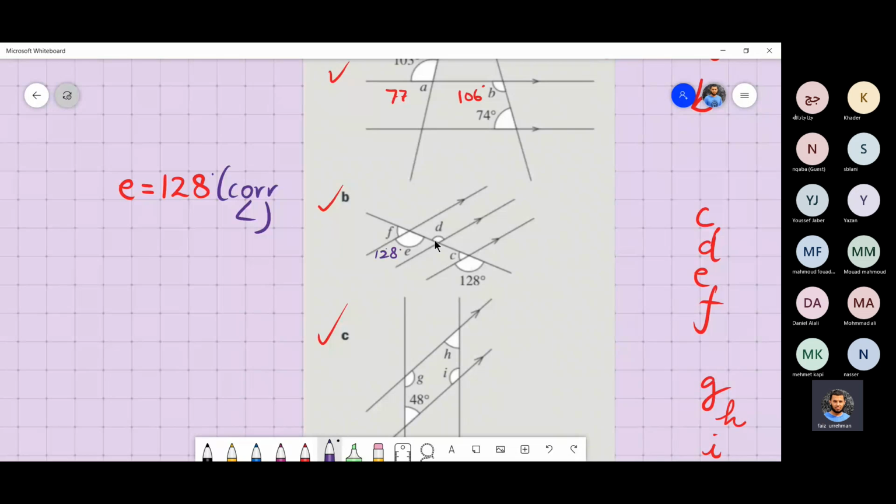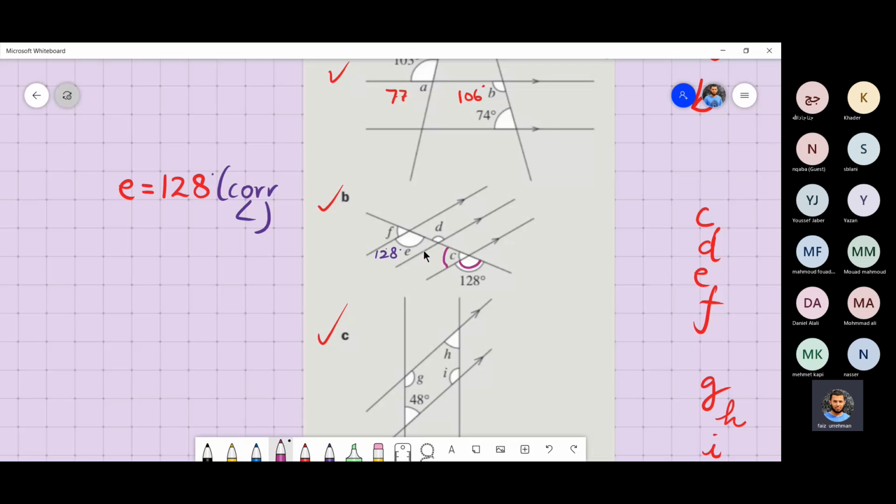Okay. Now F, D, C, which one can we find? Can we find C? By which property? Co-interior? No, not co-interior. Are these looking like the walls of a room? No. I'm asking about this angle and this angle, C and 128.